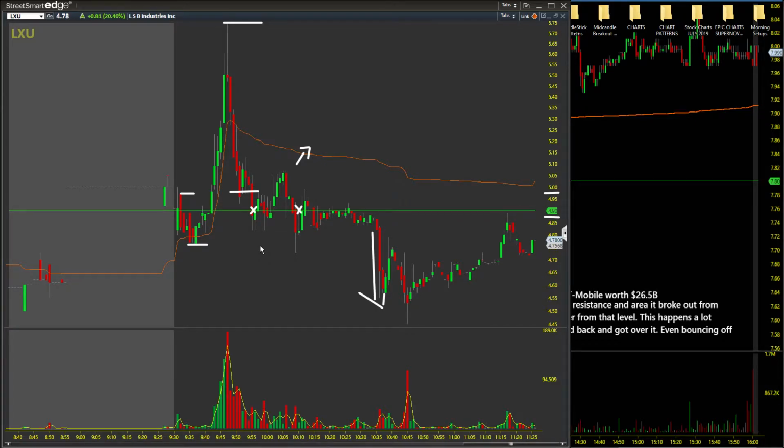And every time this stock popped up right here, no volume was coming in on the tape. People were not attacking the ask, and that's not showing strength.